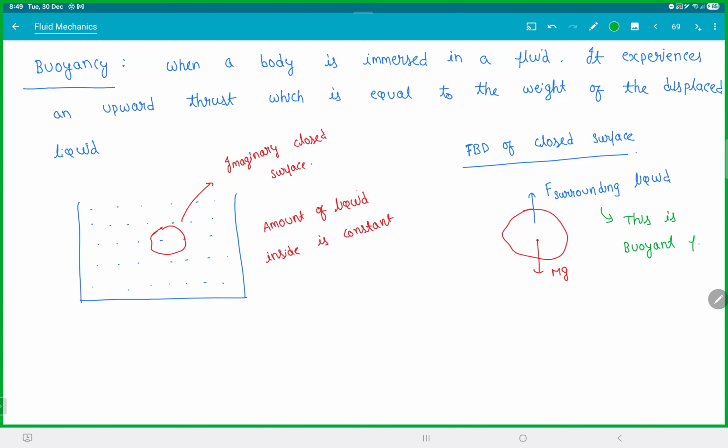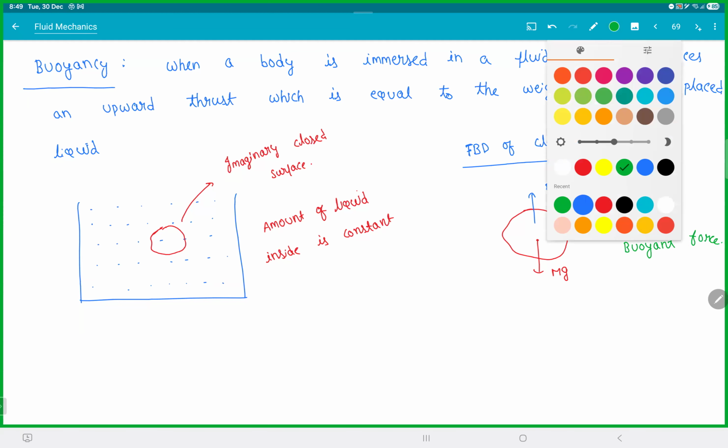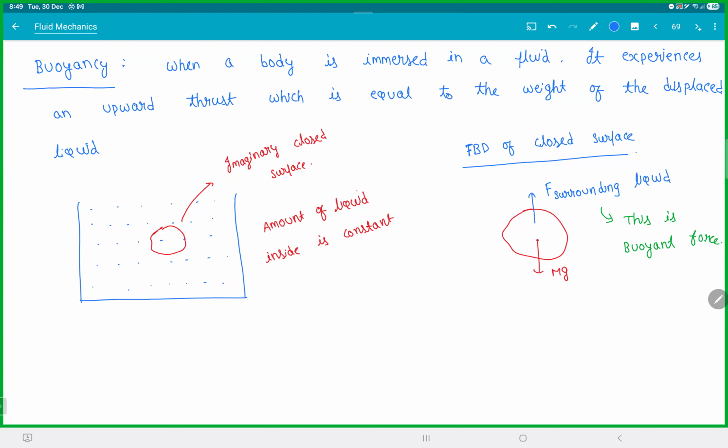Now, if you ask Archimedes why you are getting this buoyant force, he says, boss, I have no idea. The thing you need to understand is that this was entirely experimental. He has no idea where the surrounding liquid force is coming from. We know it's coming from this thing, but what exactly, he has no idea. So this force, the surrounding liquid force, is equal to mg.